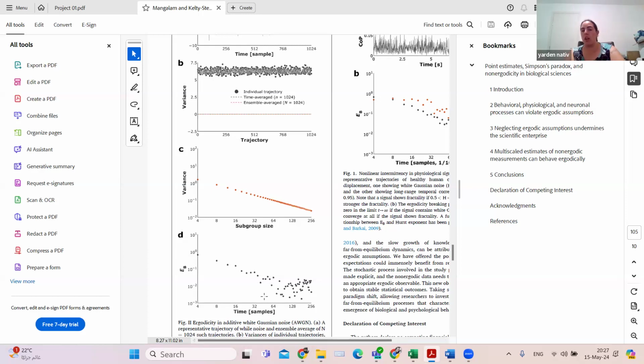Okay? Then for each subgroup size, you need to calculate the ergodicity break by averaging across all possible subgroups. For example, if you have 200 subjects and you pick 8 randomly, and then pick again another subgroup of 8, and another subgroup, then you will have an average, right?